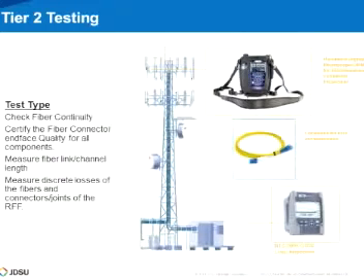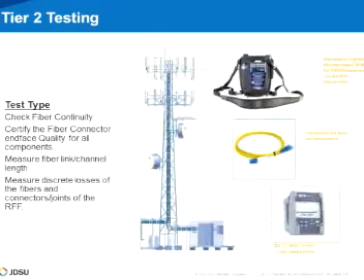Meaning, with Tier 1 testing, it can be under 3 dB loss, but one of the connectors in that link can create, as we saw on the previous slide, 4 dB. But if the connector is borderline and has a 2.5 dB loss, that link will probably pass the Tier 1 test.